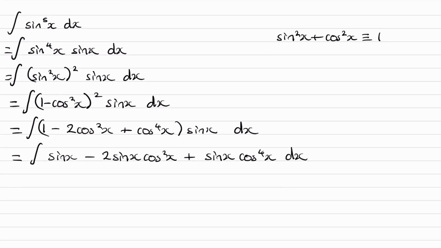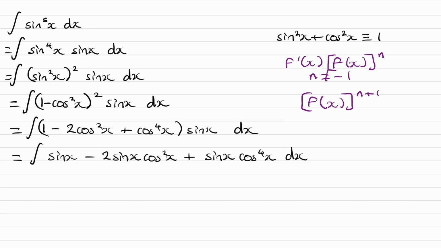And now, these two things, what we have here and what we have here, are both of the form of f dash x multiplied by f of x to the power of n, where n is not equal to minus 1. If they're in that form, the solution would be of the form of f of x to the power of n plus 1.